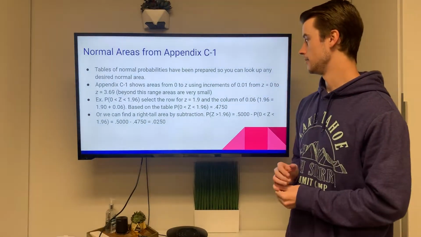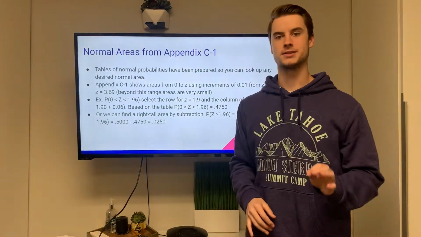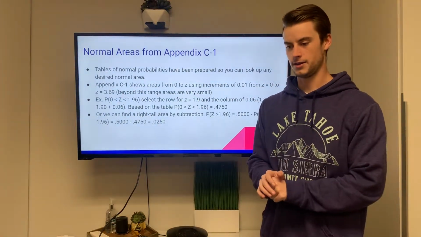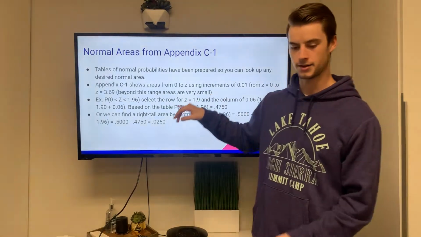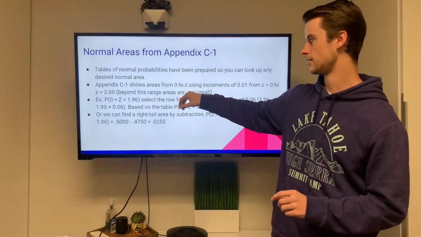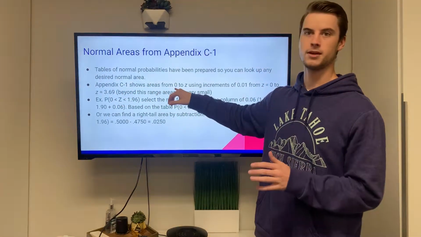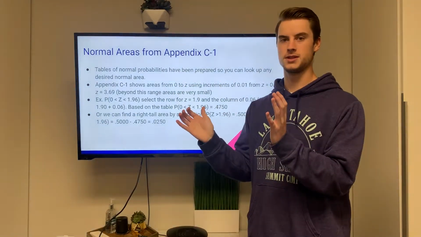There's Appendix C-1 and there's Appendix C-2, and it's important to know which one goes with which. The appendix tells you that Appendix C-1 shows area from 0, which is the mean, to z, so from the mean to whatever z value you're looking for.